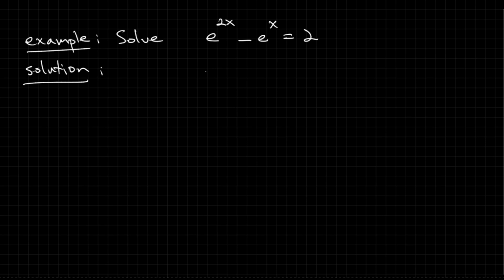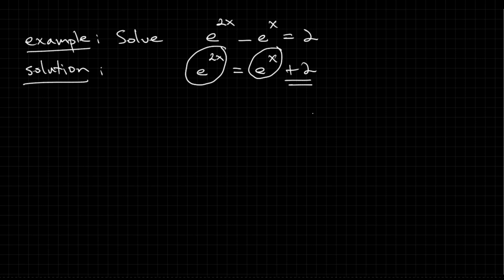If I add e to the x on both sides, I get e to the 2x equals e to the x plus 2. And now I don't have a number to something involving x, or a number to another thing involving x. In other words, there's this extra plus 2 here, which makes things complicated.